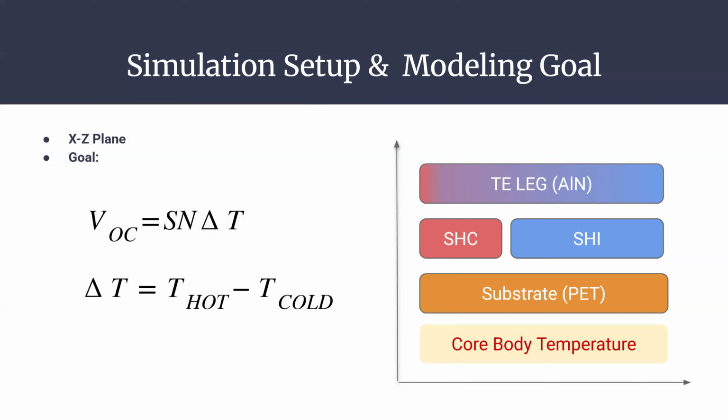The temperature drop is calculated by the difference between the hot end temperature and the cold end temperature. So as I said before, the main goal is to figure out the optimized open circuit voltage, which in turn requires a maximized temperature difference, delta T. Next slide, please.